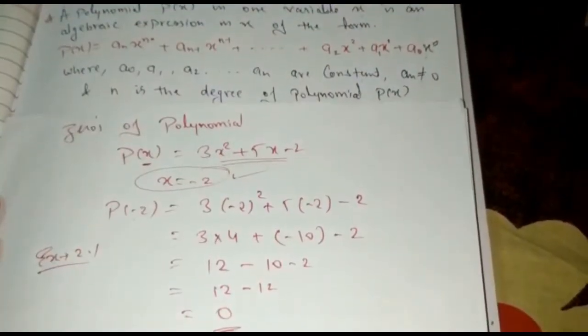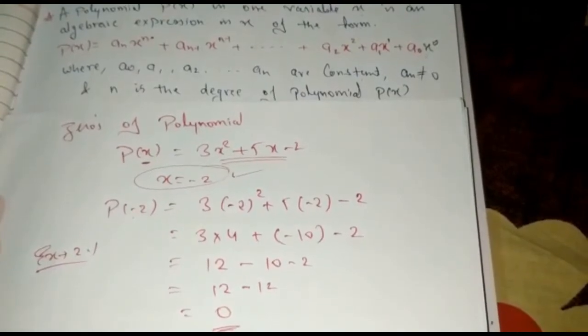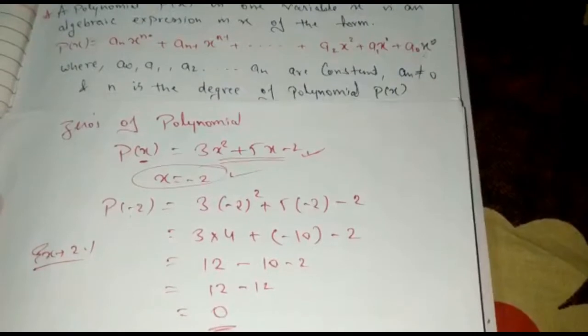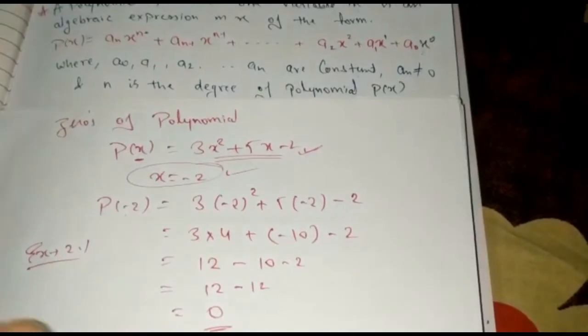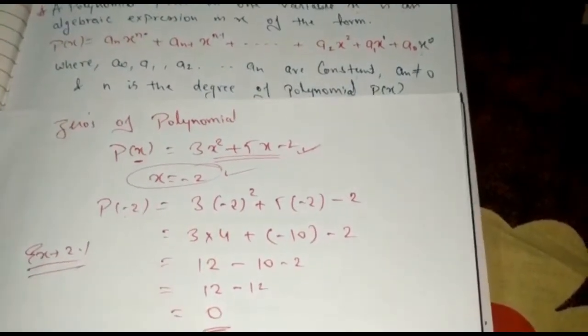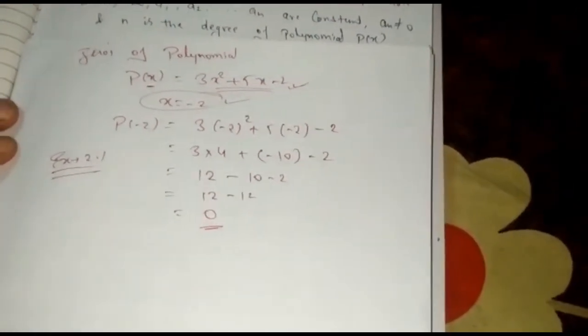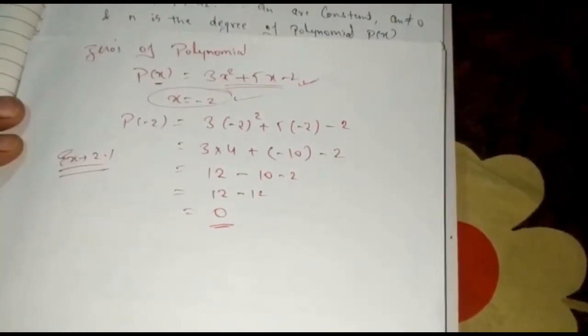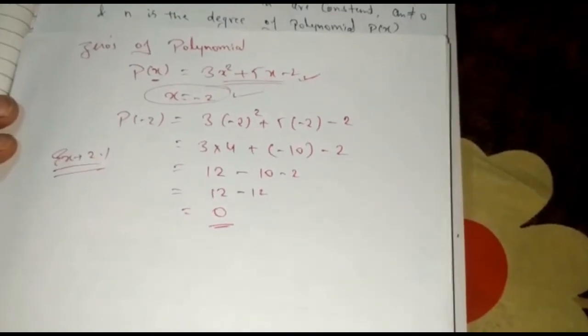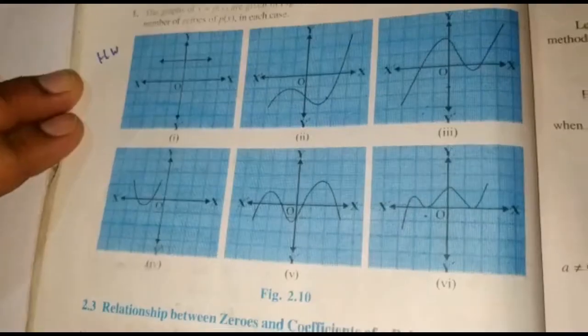Each and every polynomial has some graphical representation, so with its help we will be able to find the zeros of the polynomial. It is a very easy exercise of class 10th chapter 2, and we will discuss it in the book itself.